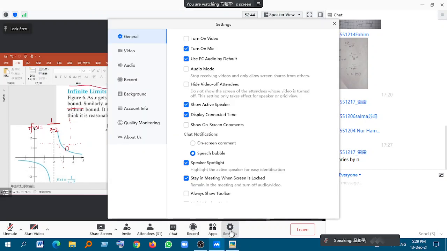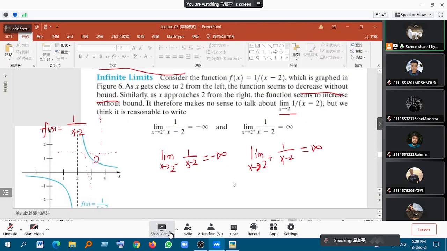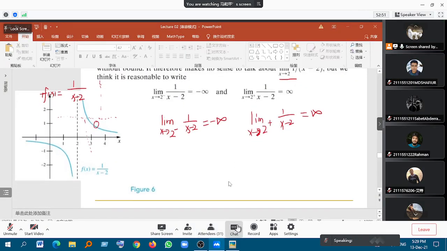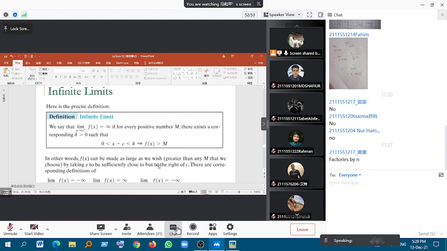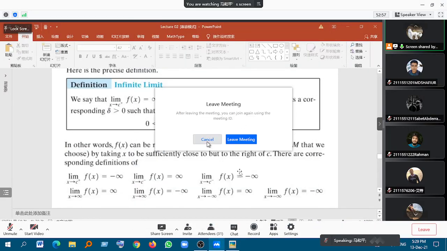So this means infinite limits. And here is the precise definition.